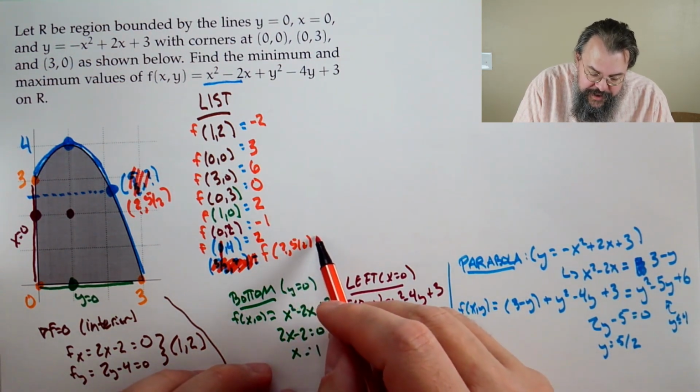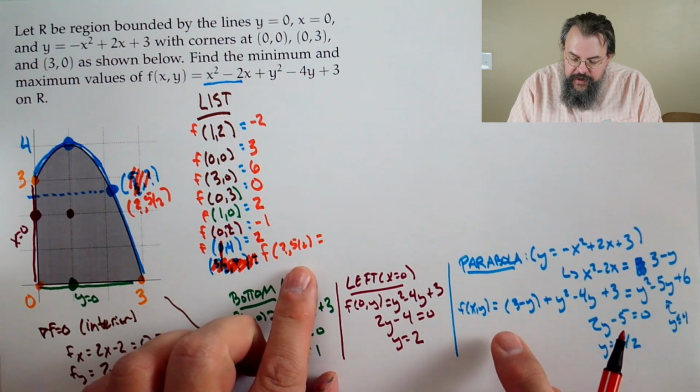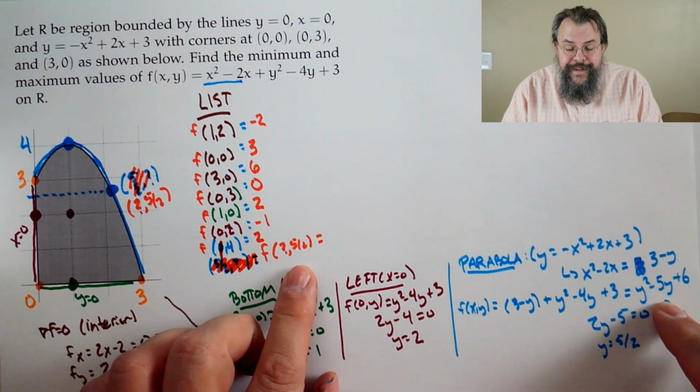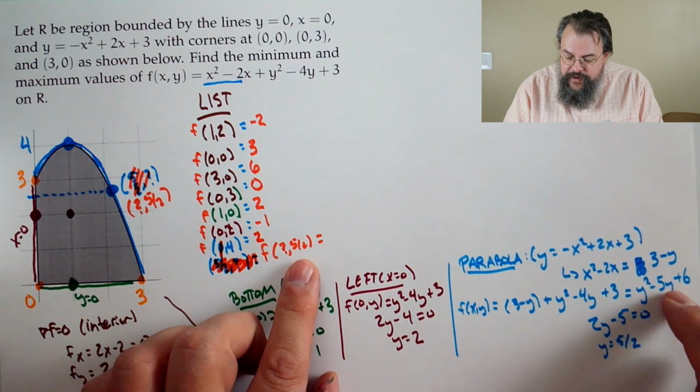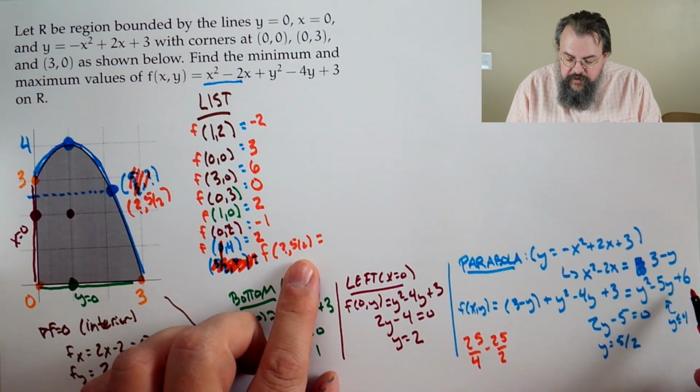Now, this last point. Well, again, we don't know what the x is, but we say, look, it's on our parabola, and we know what our function is as a function of y. So we can plug in the 5/2 into there. So let's see, 5/2 squared, 25/4, minus 5 times 5/2, that's minus 25/2, and then plus 6.